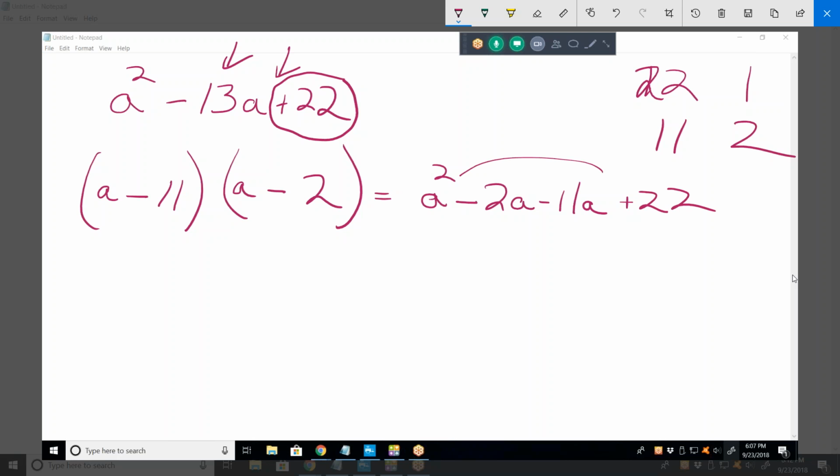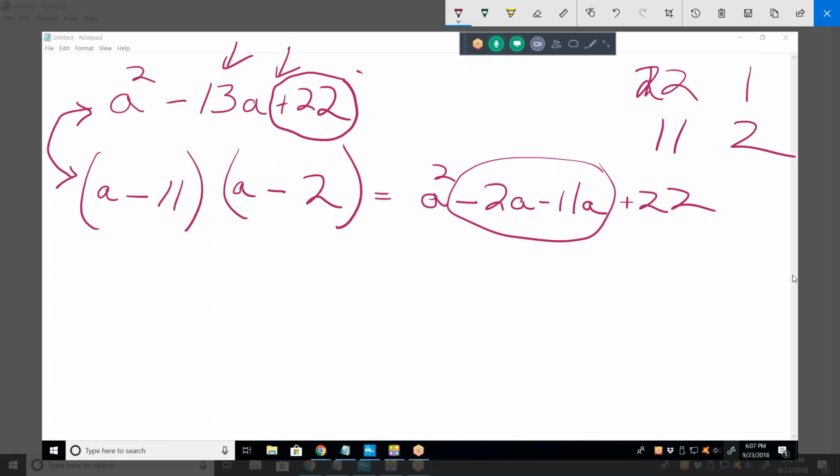And now those two middle terms always combine to give you this middle term, minus 13a. But it's important to learn what factoring is. Factoring is the reverse of FOILing. If you don't get that, you'll never understand factoring. It's the reverse of FOILing.